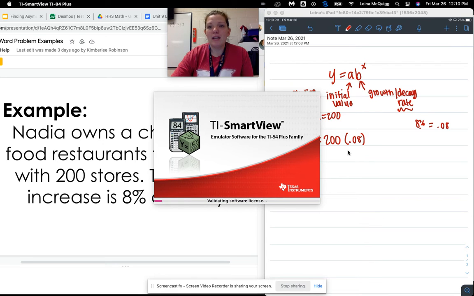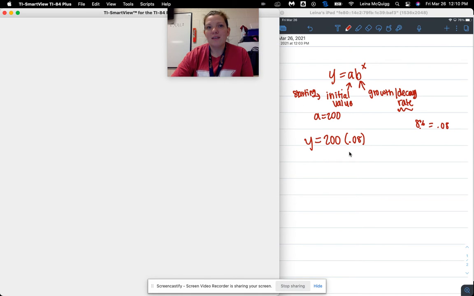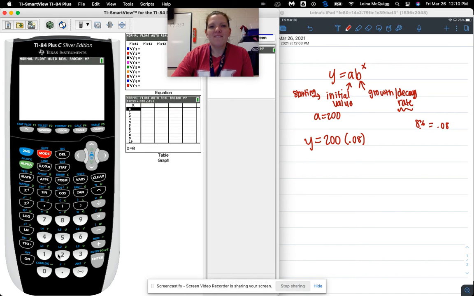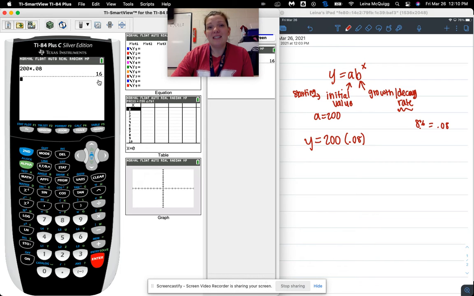I'm taking something that's pretty small. 200 times 0.08 gives me 16.